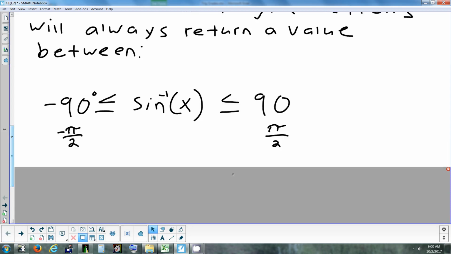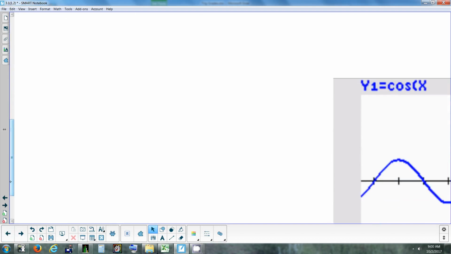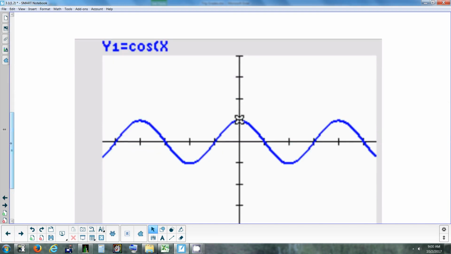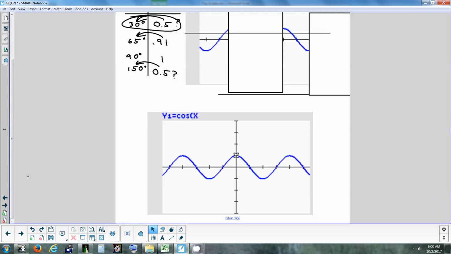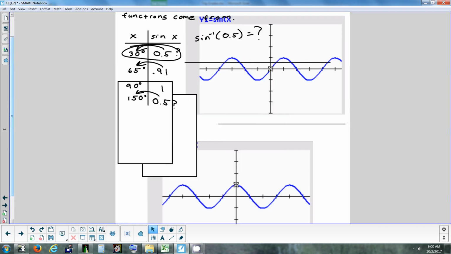All right, let me show you a graph of cosine. Down here, we're going to do kind of the same thing. That's a graph of cosine. You might be like, well, isn't that the same? Not quite. If I just move these so you can see it, sine and cosine are a little different. It's almost like one has been shifted left or right of the other.